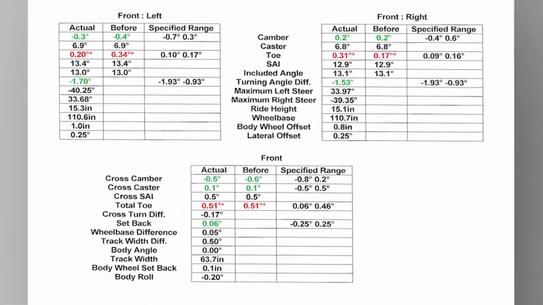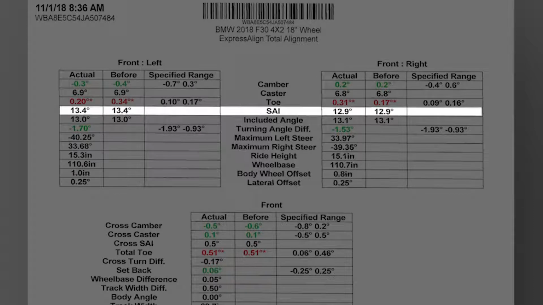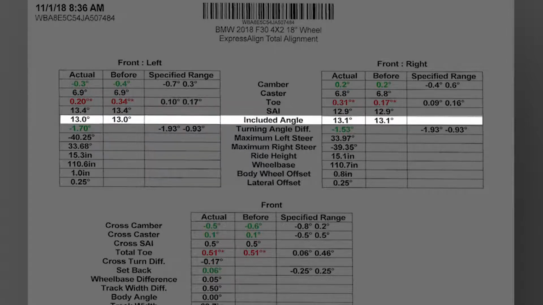Starting from the top, camber, caster, toe, of course, are tire angles. The steering axis inclination is measuring everything that holds the pivot points to the car. In other words, the strut tower, the unibody, the control arm, the subframe. The included angle, which is next, is measuring everything between the pivot points, which would be, in this case, your strut, knuckle, and hub bearing.